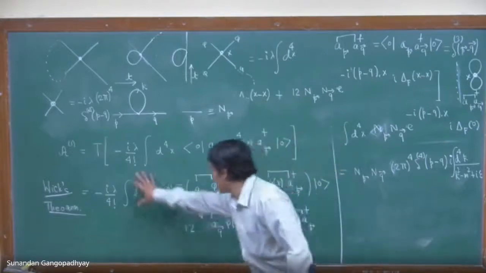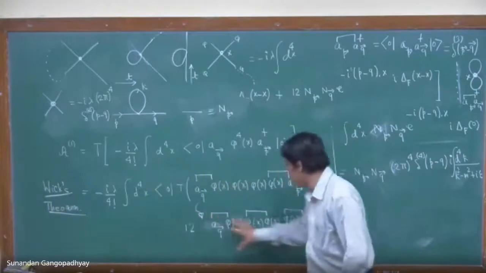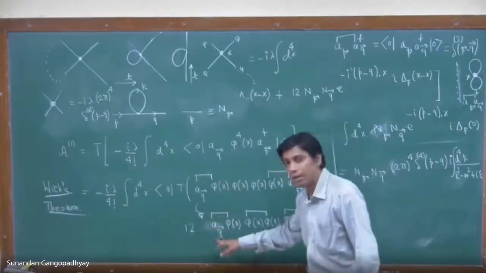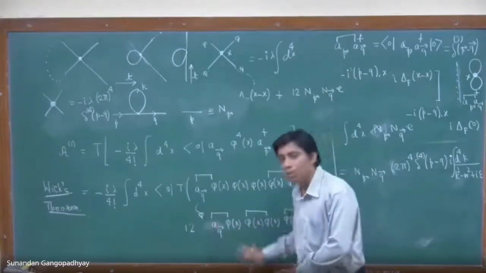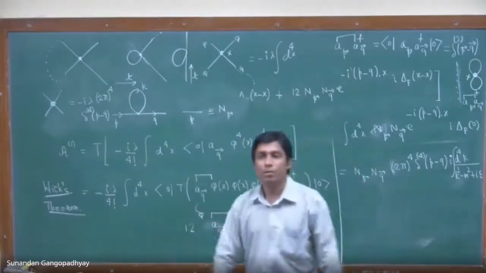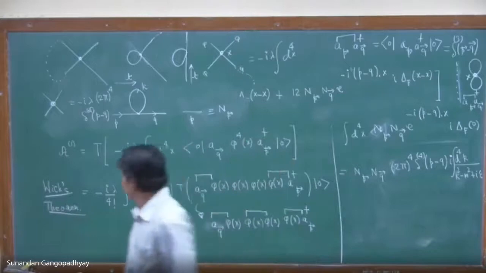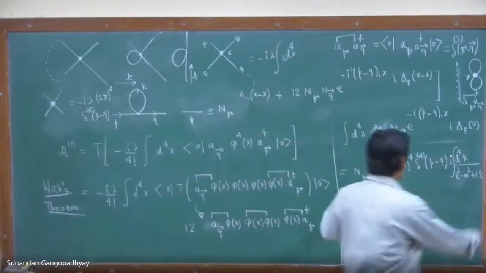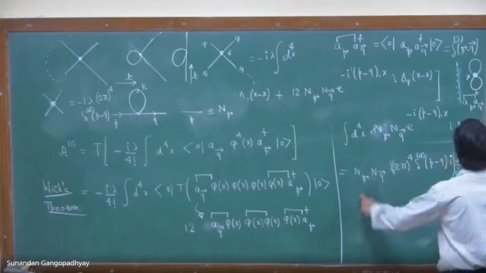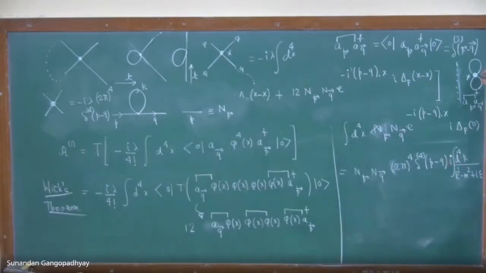This expression was in terms of x's and these contractions between a_q and φ(x). We have now converted this expression in terms of momentum, and in the process, for the second term, we have obtained an expression like this. You can similarly obtain an expression in terms of momentum for this diagram also. I leave it as an exercise for you to do.